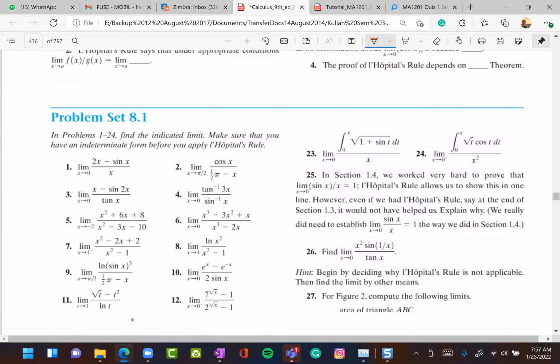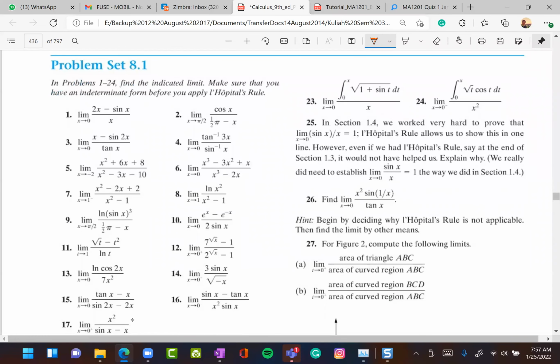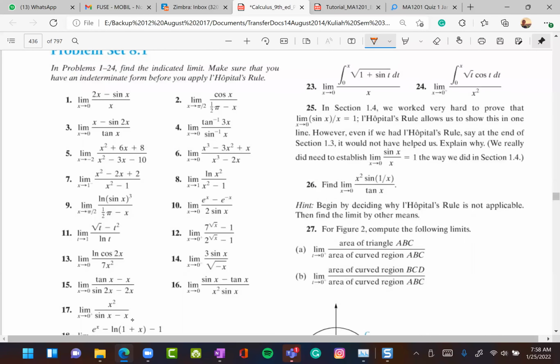Some more examples. All right. So now our limits are getting more complicated by using L'Hopital. All right. So let's see. Let's check this one now. Say problem 12.